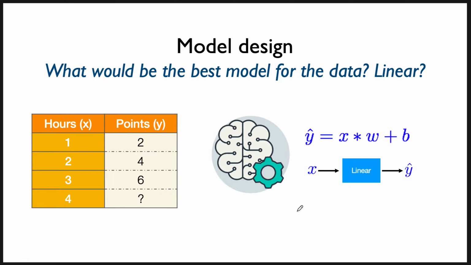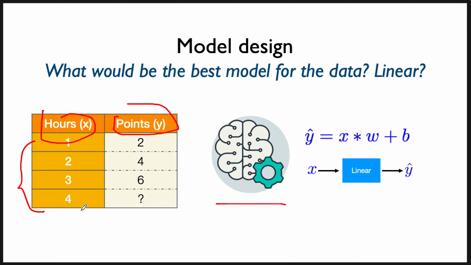The first task we want to do here is to design our model. The machine learning model takes input hours as x and predicts points y. We need to find the best model for this. Let's look at the data. What is the input?